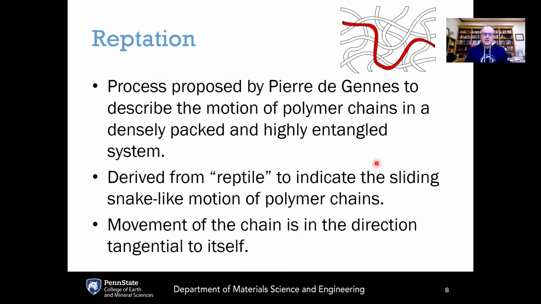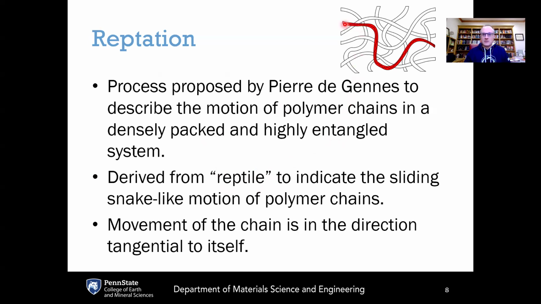This is a process that was proposed by Pierre de Gennes, Nobel Prize winner, to describe the motion of polymer chains in a densely packed and highly entangled system. The name here, reptation, is derived from the word reptile, and it's supposed to relate back to the snake-like motion that this is undergoing.